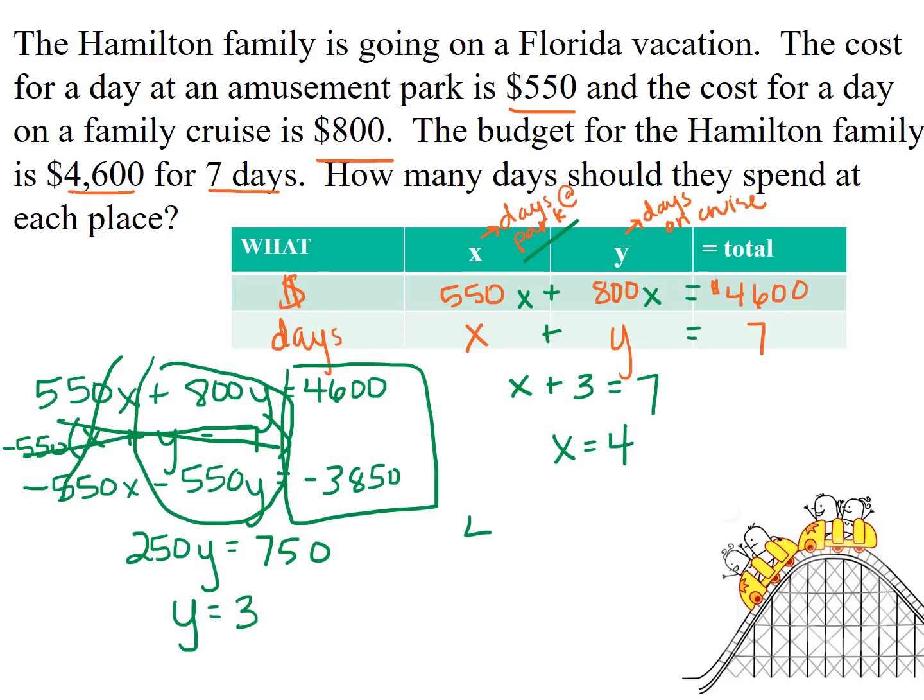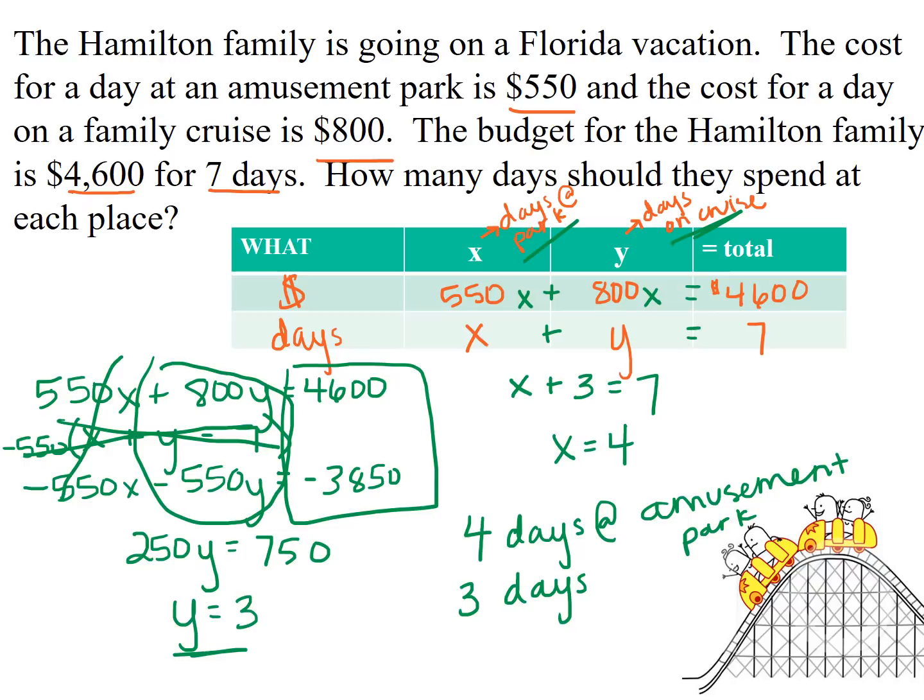So this means I'm going to have 4 days at the amusement park. And the y here, remember y stands for days on a cruise. So with this budget and going for 7 days, I can spend 3 days on the cruise.